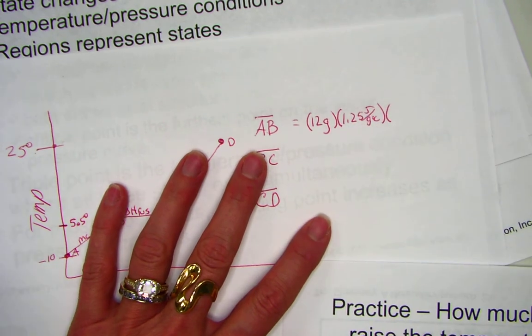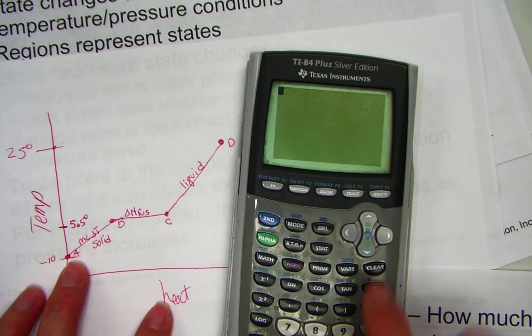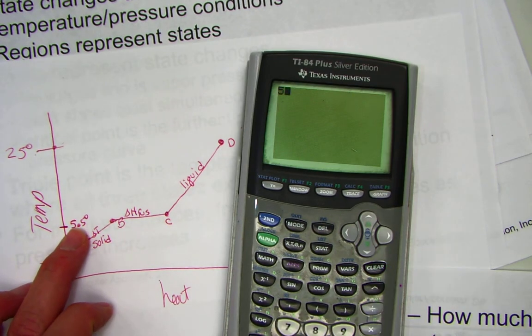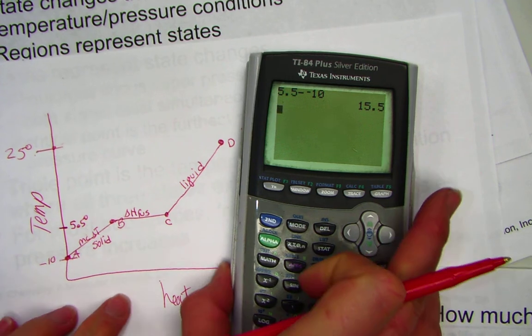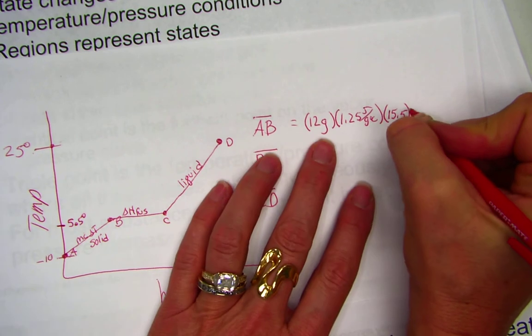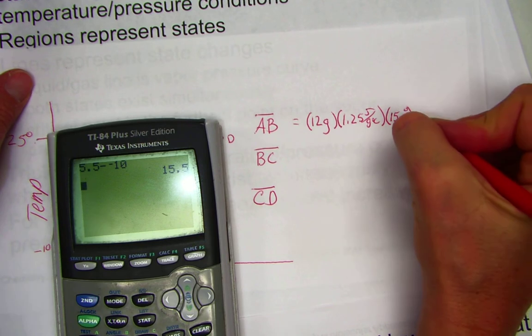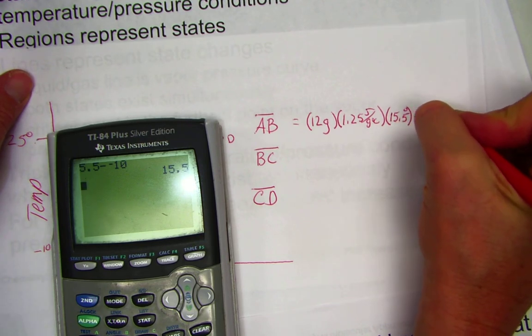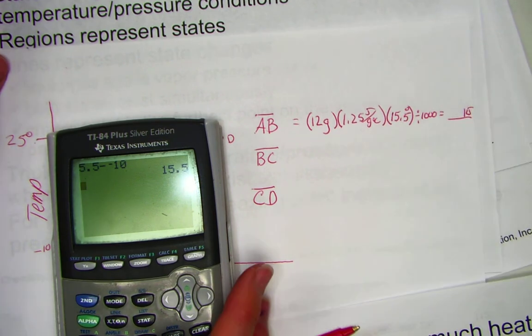And the temperature change, well, I started at -10 and went up to positive 5.5, so the temperature changed by 15.5 degrees. So here's my MC delta T. This will land in joules, and I'm going to divide by 1,000 while I have my calculator going, because I know I have to end with kilojoules to add like values.